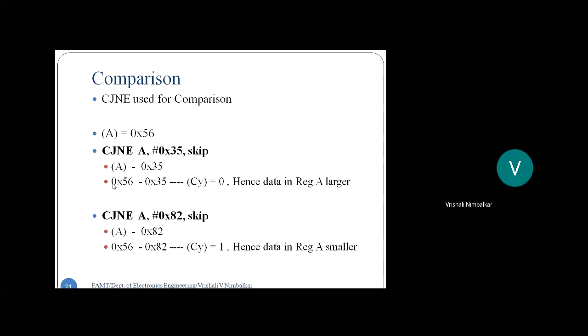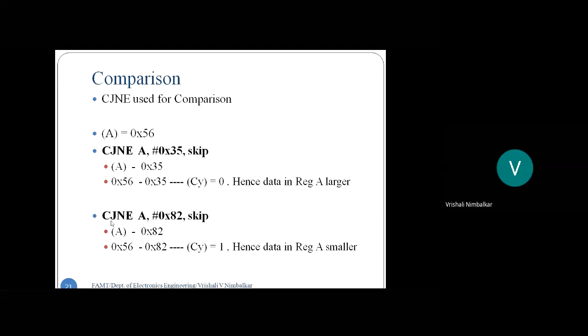Now in this subtraction, I will not get a borrow because 56 is larger than 35. So there is no borrow, the carry flag is 0. So I can conclude the accumulator data is larger than the second data.